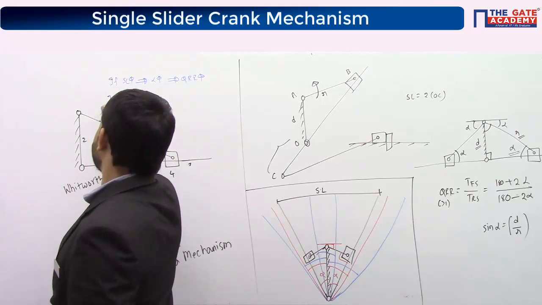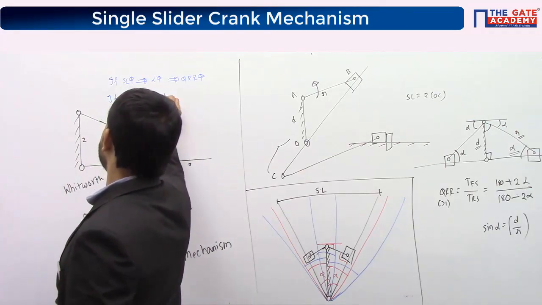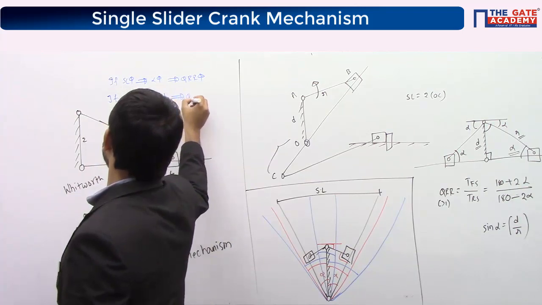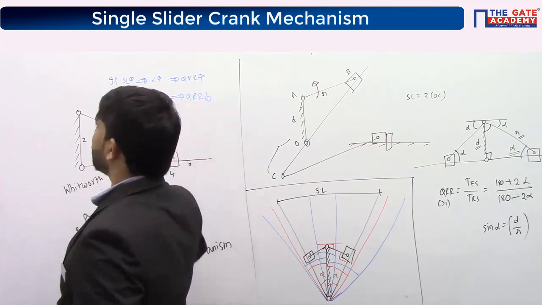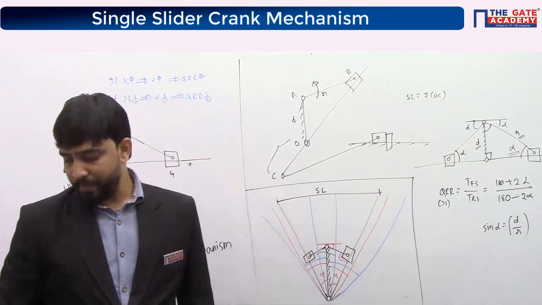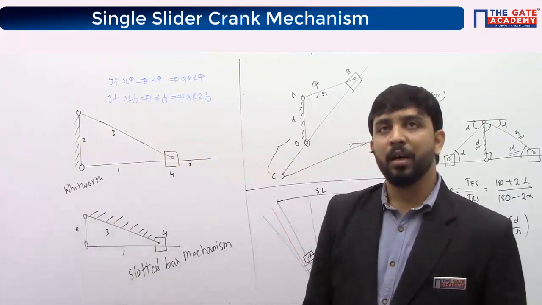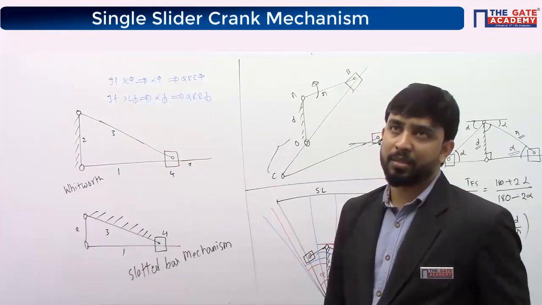Next item: if stroke length decreases, alpha decreases and quick return ratio decreases.